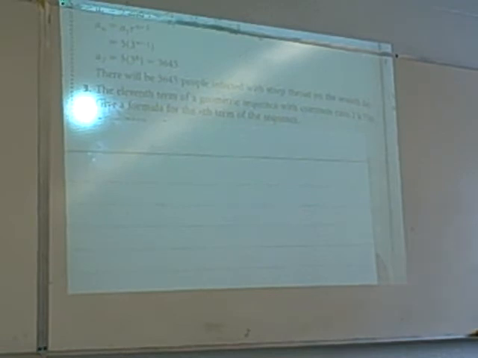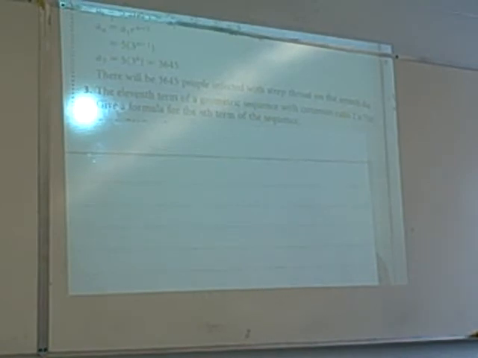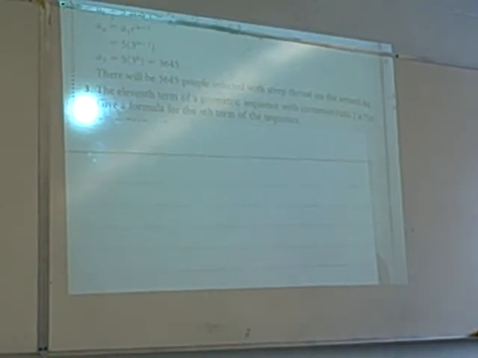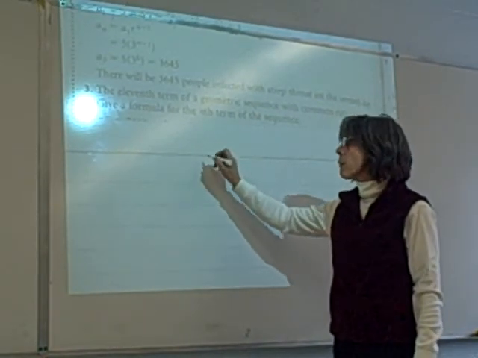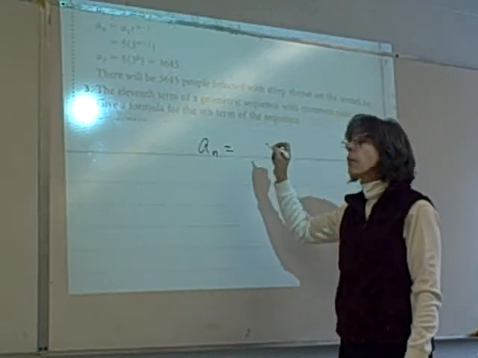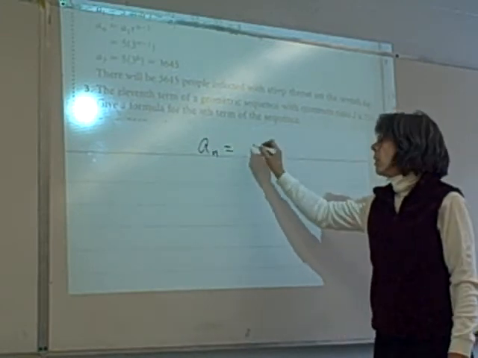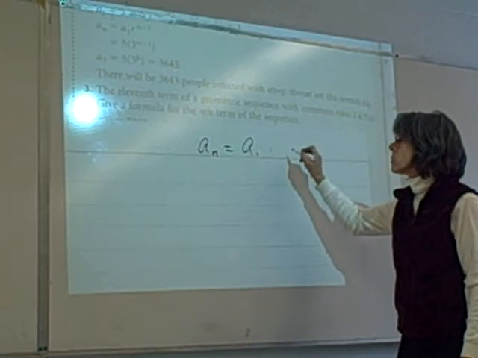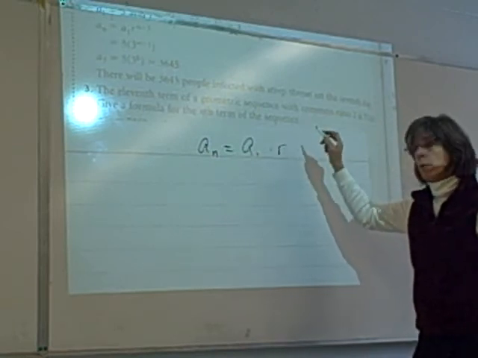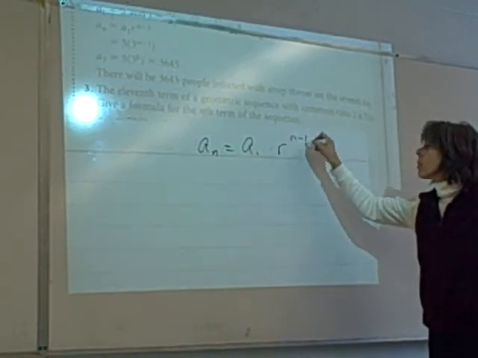Okay, so what are you going to start with? Write down the formula. Exactly. It's on page 252. Write down the formula, and the formula is what? a sub n is equal to a sub 1 times ratio to the n minus 1.